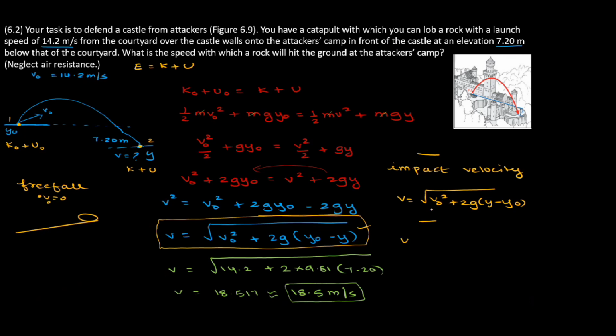So in whichever cases the initial velocity is 0, this expression becomes square root of 2g times y minus y naught. It will be very useful if you can remember this expression for velocity in situations where you have to calculate the final velocity whenever an object is traveling over a certain distance, and they give you the difference in height or position instead of time.